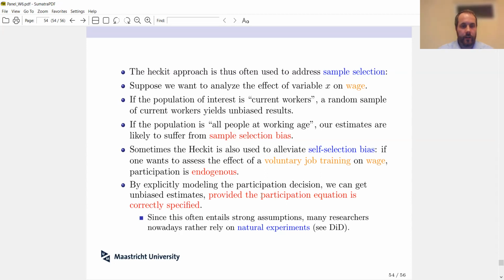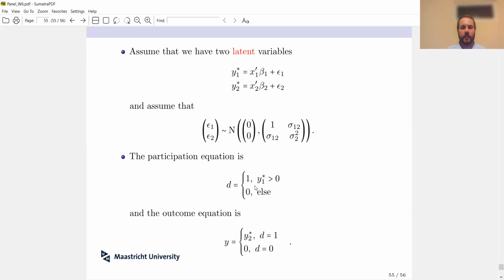Okay, now how does this work, a little bit formalized? Well, again, we simply have two equations. The first one is the selection equation, the second is the outcome equation. And here is the strong assumption. We simply assume that the joint vector is jointly normally distributed with mean zero.